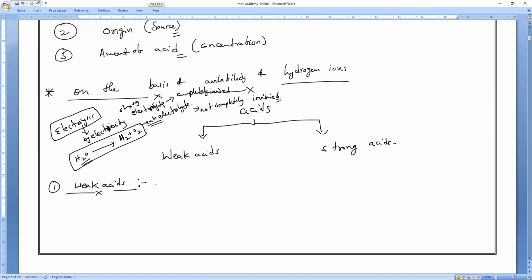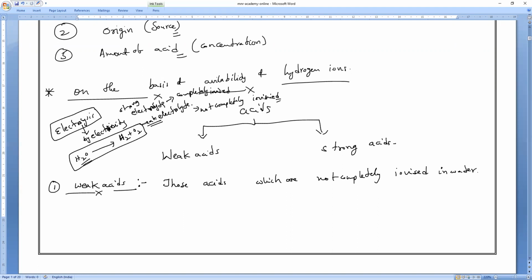Okay, so those acids which are not completely ionized. Ionized means what, guys? Splitting into ions. Understand, everybody?